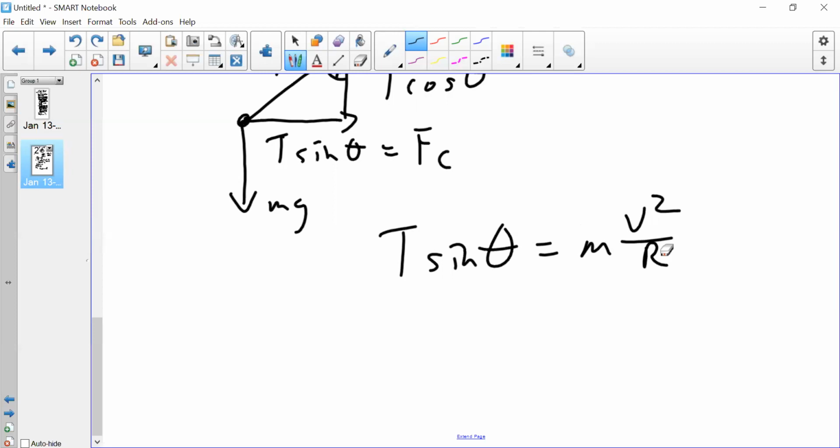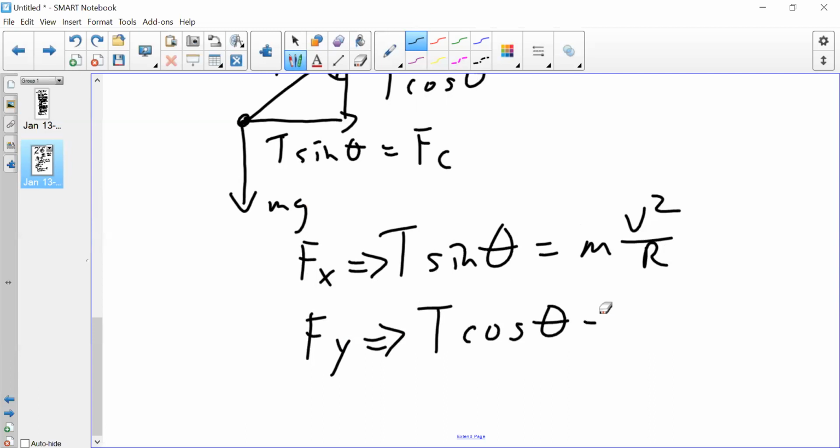And if we go in terms of our previous logic of dissecting this in terms of free body diagrams, we get all the forces in the x and y direction. So this is the x-axis equals this. And then we have T cosine theta minus mg equals 0.